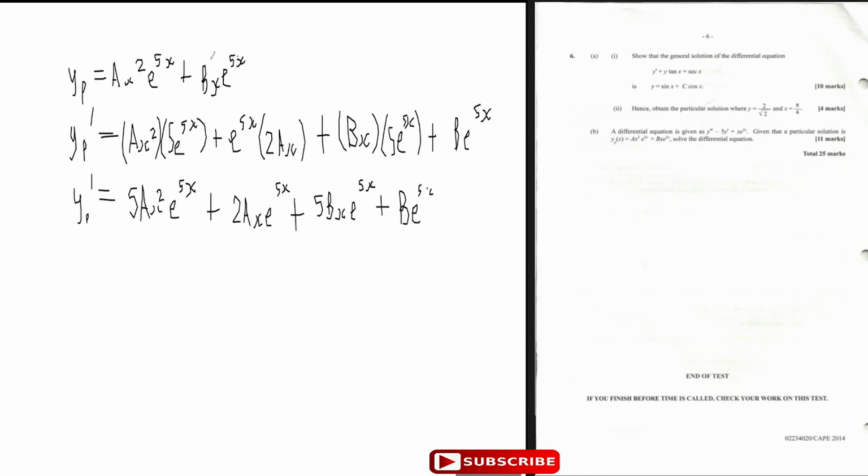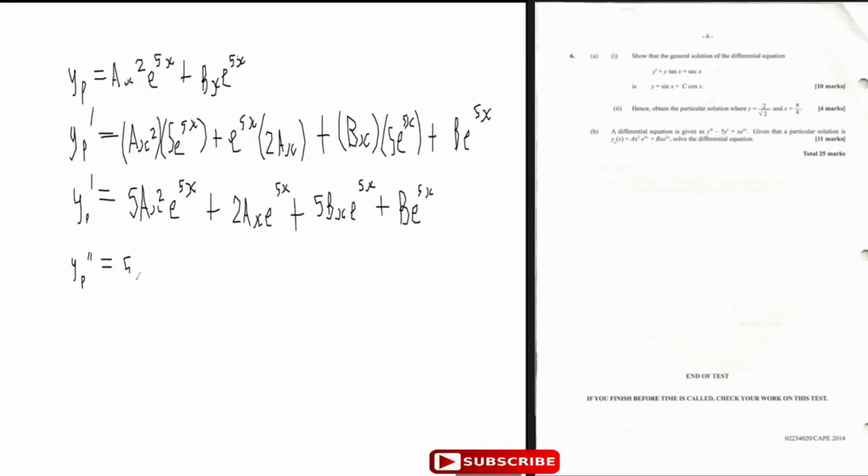Now we need to find the second derivative, YP prime prime. We differentiate this using product rule again.